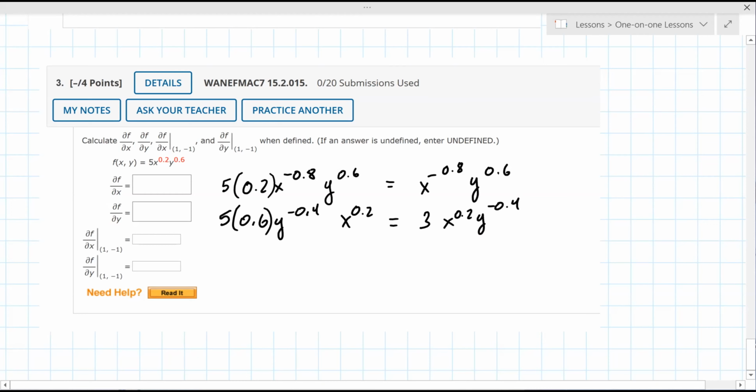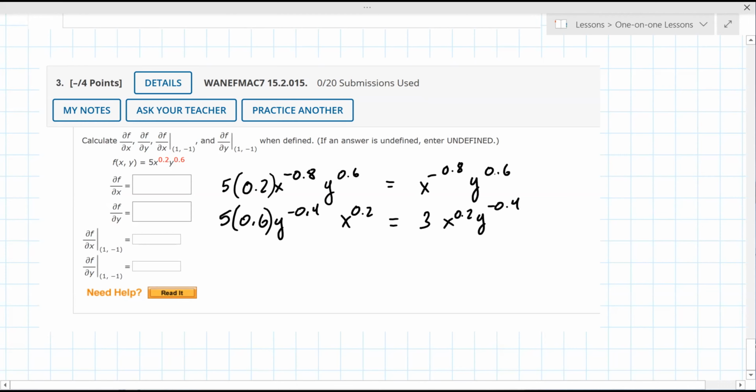All right, and then you got to do this whole 1 to the -1 thing, or 1 and -1. So in the first one here, 1 to any power is always 1. And then -1 to any power is either 1 or -1, depending on whether it's odd or even.